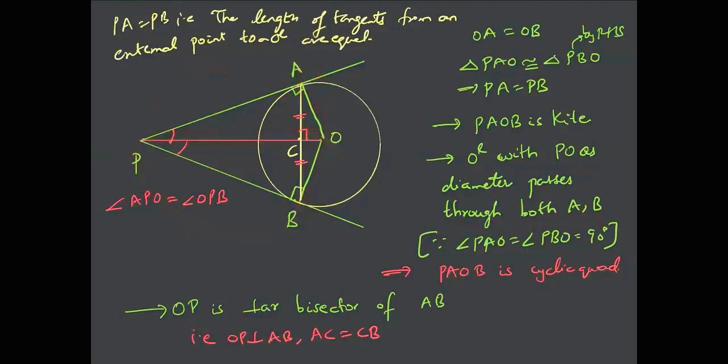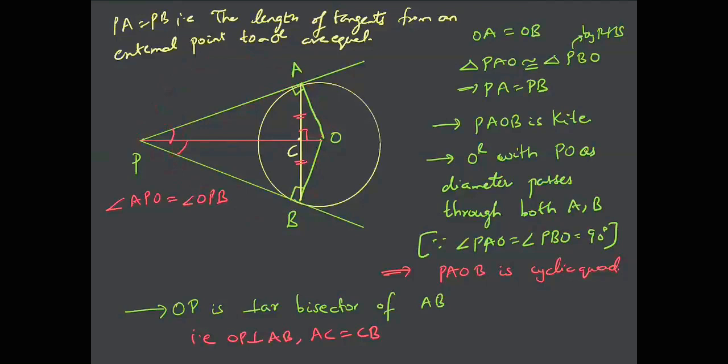So PAOB is a cyclic quadrilateral because P, A, O and B all lie on the same circle, and that circle is the circle with PO as diameter. The sum of opposite angles, that is angle A plus angle B, is 180. So angle P plus angle O will also be 180 degrees.